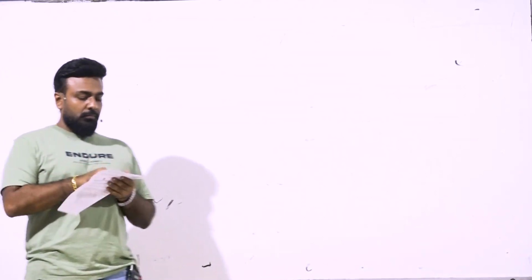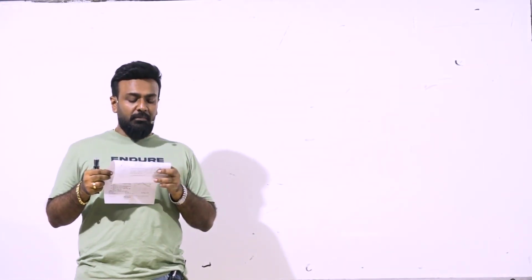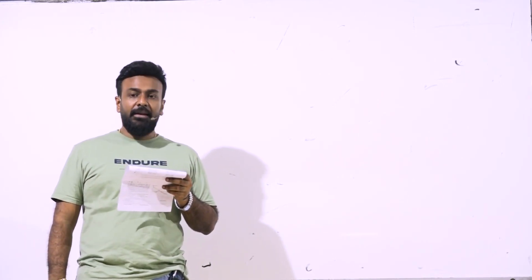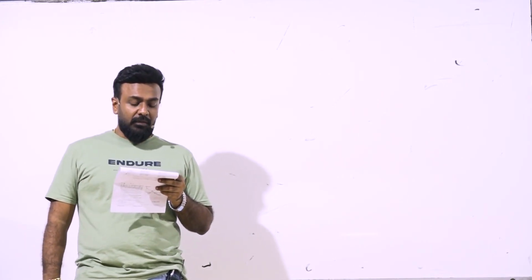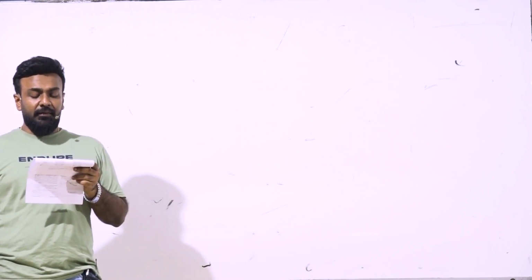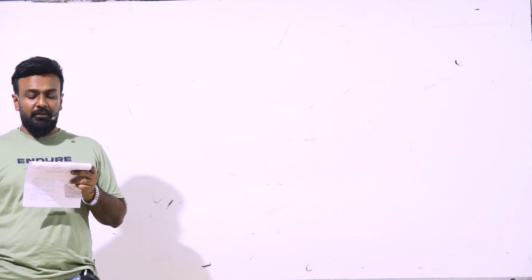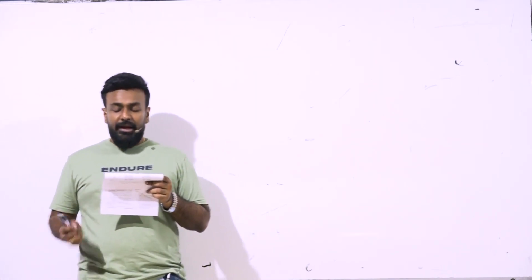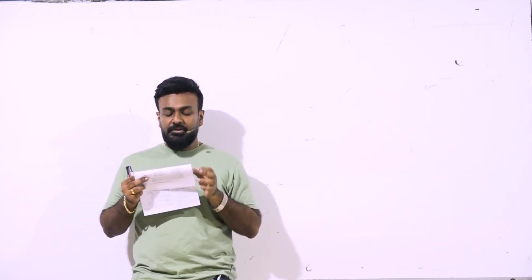Okay. Question number 7. Motion of an insect living on sand generates a transverse wave traveling at 50 meter per second and a longitudinal wave traveling at 150 meter per second along the sand surface.